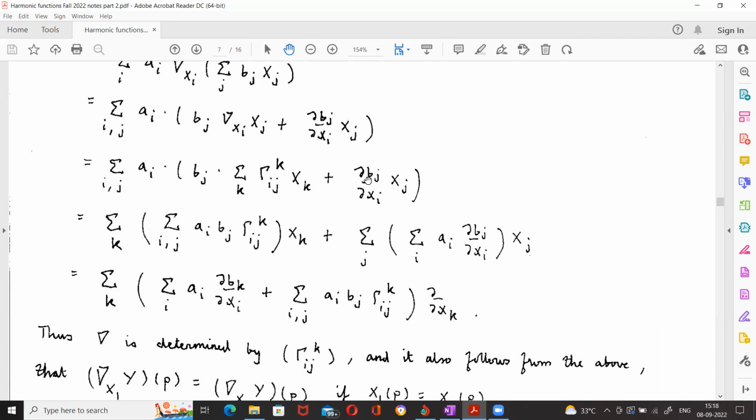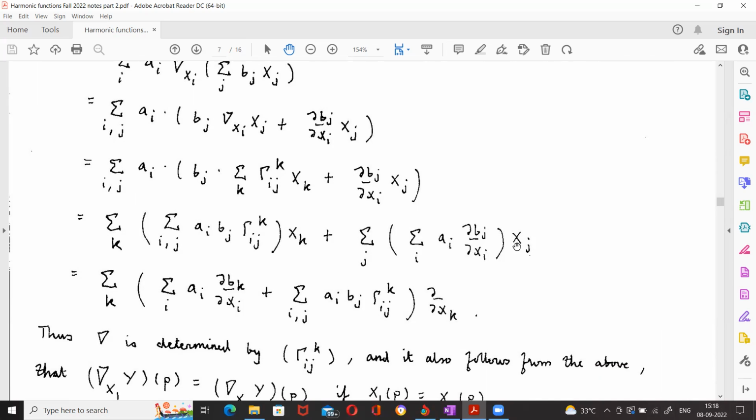Plus this second term here gives, I interchange the sum over j and i, so the sum over j I take outside. I get a sum over j, and then inside I get a sum over i of ai del bj/del xi, the whole thing times Xj. Finally, I want to put these two sums together.